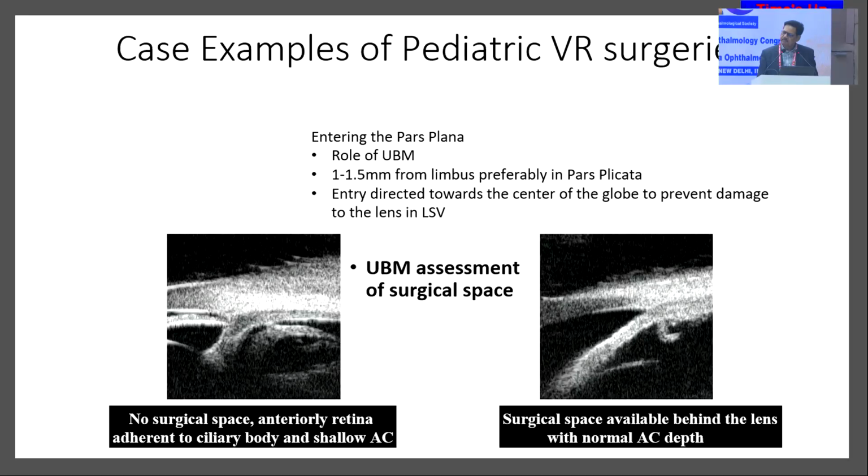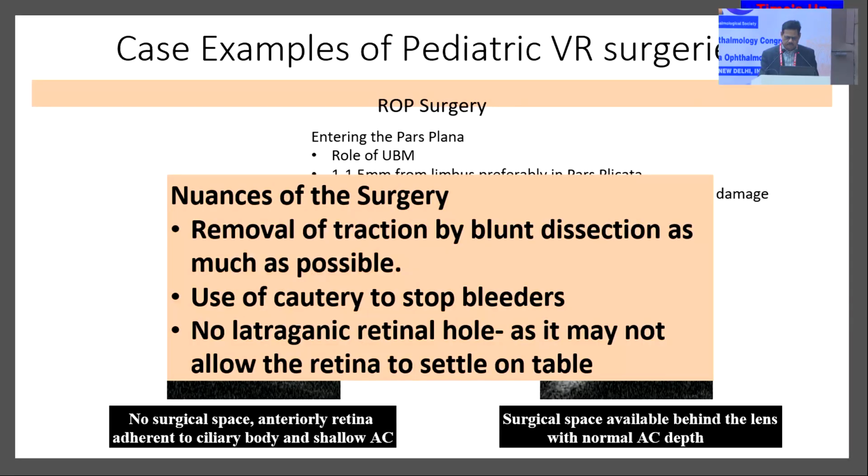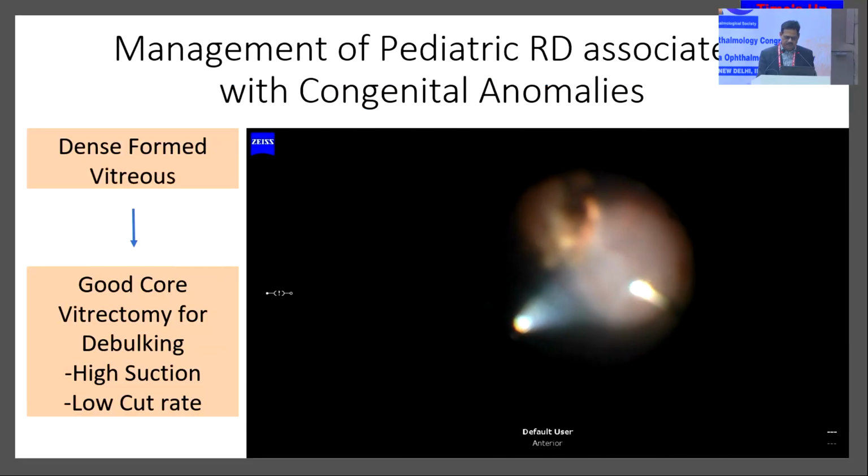So you can use the UBM to assess the surgical space and decide about the lens sparing vitrectomy. And as we talked earlier, removal of traction should be by the blunt scissors and not with sharp scissors. And you should try not to have a retinal hole, because if a hole is there, with so much traction, then the surgery will not be effective.